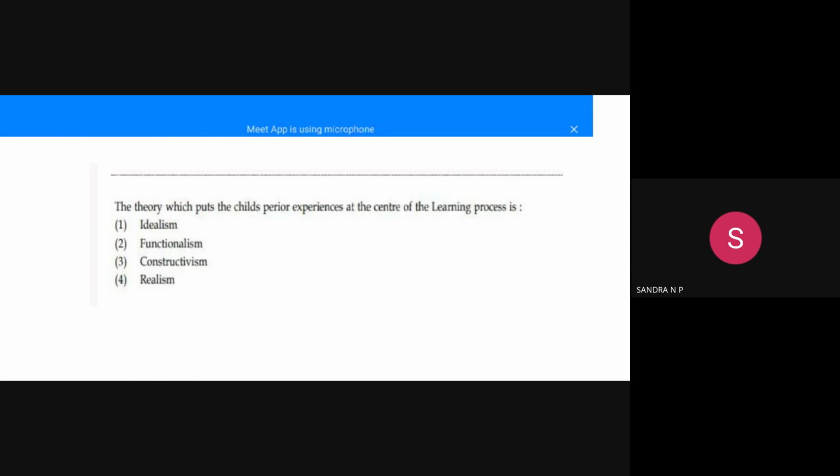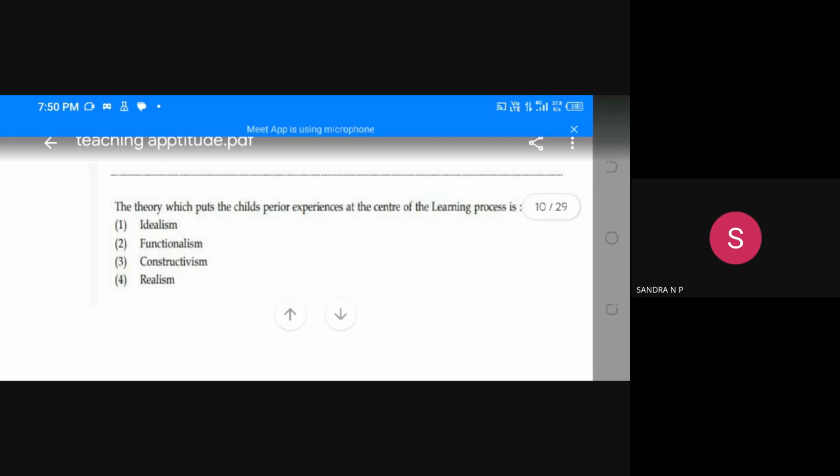This is the theory of constructivism. The learner constructs their own knowledge from their experiences and from teacher support. They construct more knowledge and incorporate it with their existing knowledge. This is the theory of constructivism.